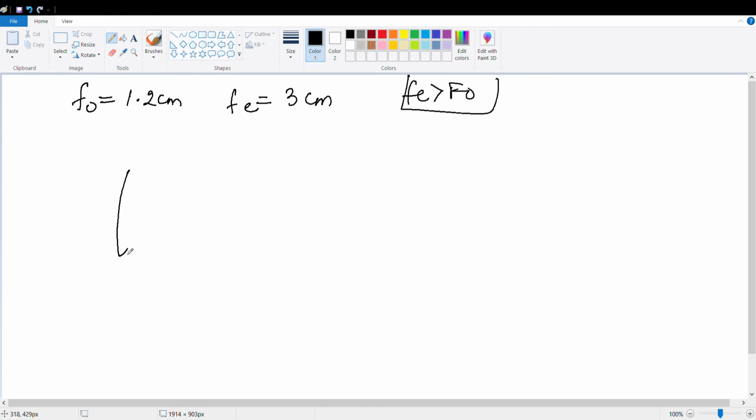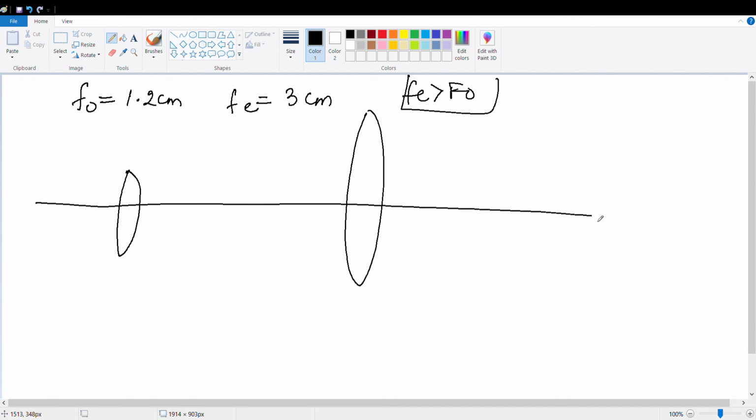So let us draw the diagram. This is the objective lens. This is the eyepiece lens. So FE is 3 centimeter. FO is 1.2. So let us say this is 1.2. Similarly here also FE is 3 centimeter. So let's say this is 1, 2, 3.